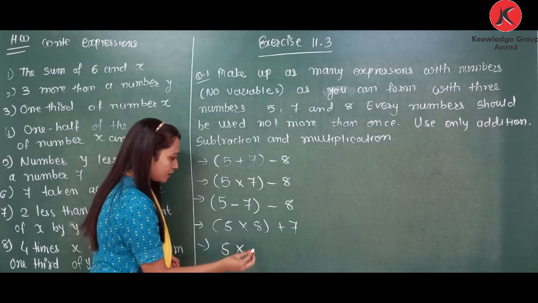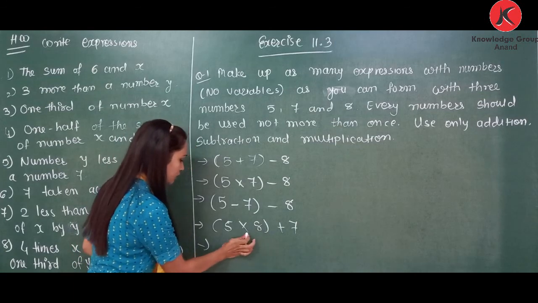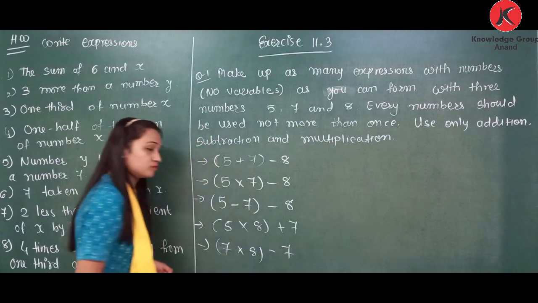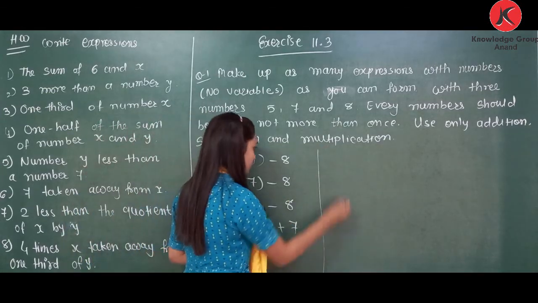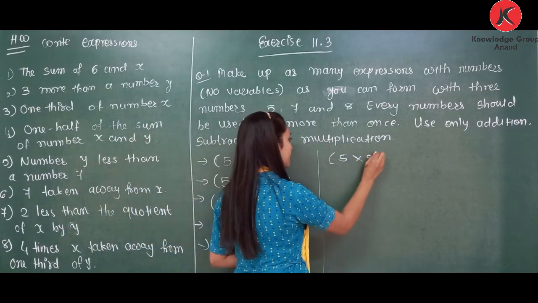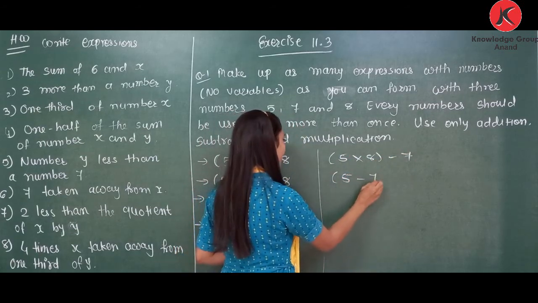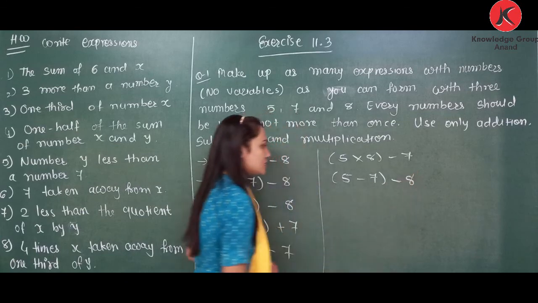5 multiplied by 7 multiplied by 8 minus 7. 5 multiplied by 8 minus 7. 5 minus 7 minus 8.